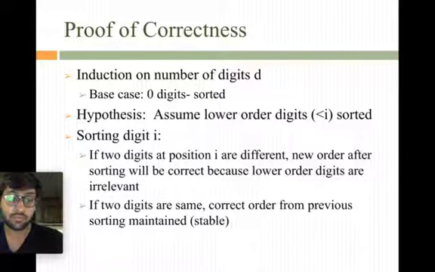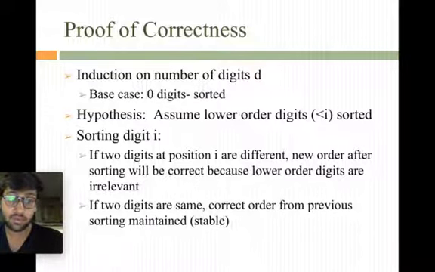Suppose we want to do an ascending order sort. If we have the numbers 567 and 483, the last two digits would say that 83 is greater than 67.